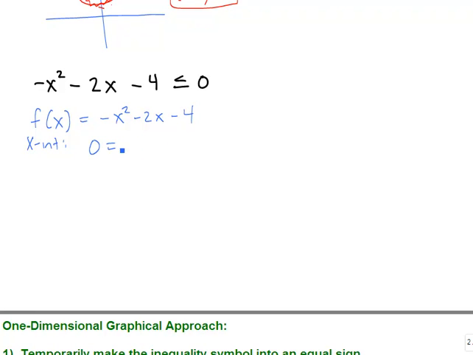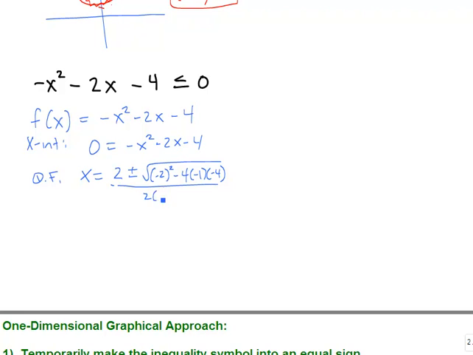So we're going to set 0 equal to our quadratic, and we're going to do that quadratic formula one more time. So x equals minus b, so that becomes plus 2, plus or minus the square root of b squared, so negative 2 squared, minus 4 times a times c, all over 2 times a.